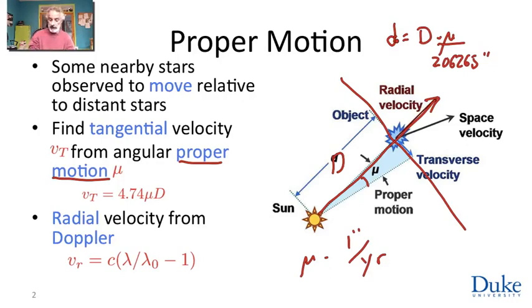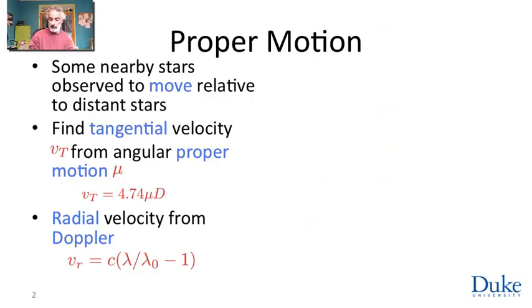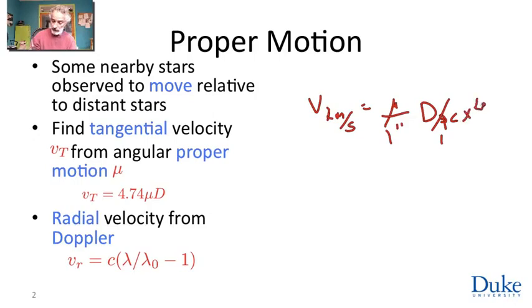Typically, we measure velocity in more convenient units of kilometers per second. And so in kilometers per second, one finds that v in kilometers per second is basically given by mu divided by 1 arc second times D in parsecs times a collection of conversion factors converting parsecs to kilometers and years to seconds, and the net result is that the conversion factor, you can do the algebra, is 4.74.